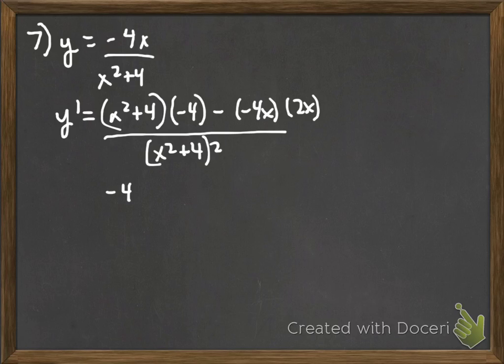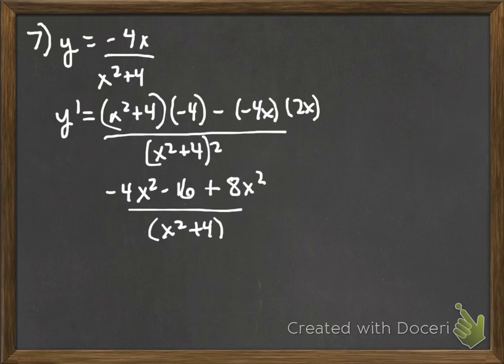So negative 4 x squared minus 16 plus, there's two negatives there, 8x squared all over x squared plus 4 squared. So that's negative, or sorry, 4x squared minus 16 over x squared plus 4 squared.